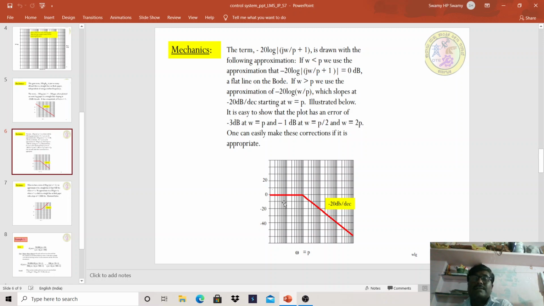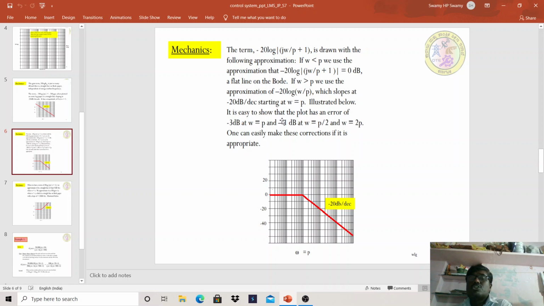It is a flat line up to here, when omega is less than p. If omega is greater than p, we use the approximation of minus 20 log omega by p, which slopes at minus 20 dB per decade starting at omega equal to p.